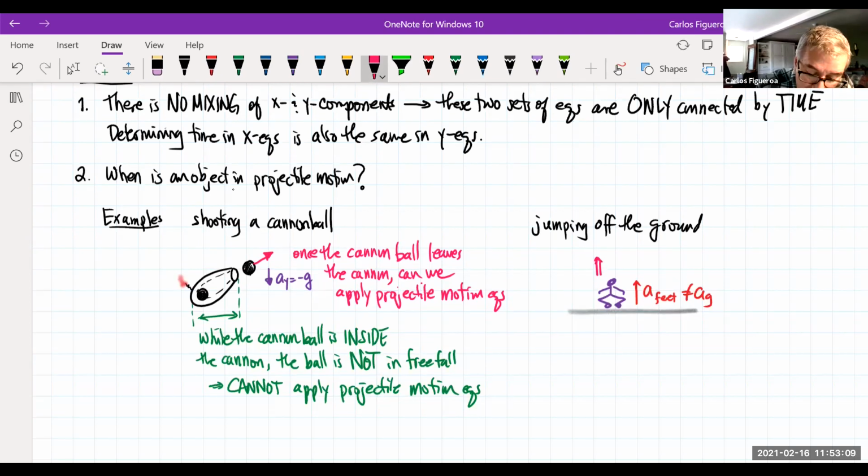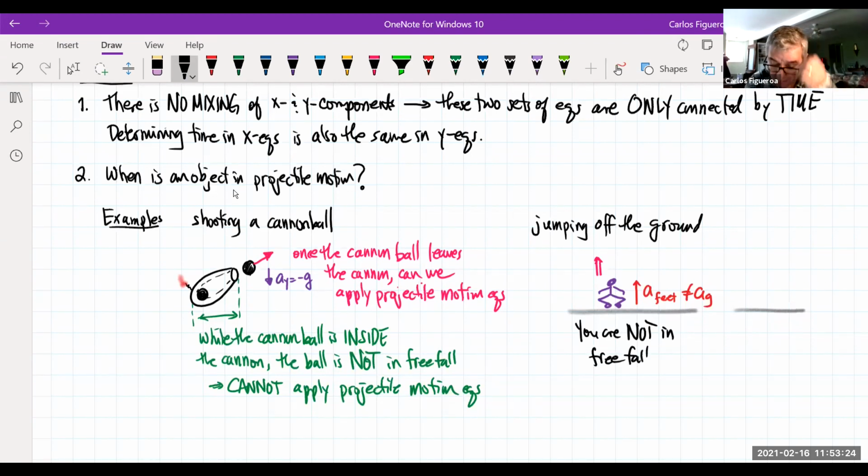It is only after you leave the ground. So you are not in free fall here. It's only after you leave the ground and you're moving in the upward direction like this that suddenly you are in free fall and you are accelerating.